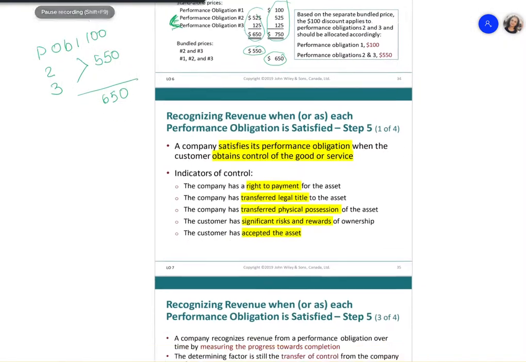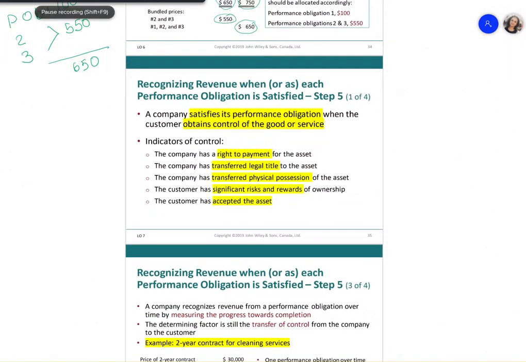Going further, once we figure out the transaction price, the company satisfies its performance obligation when the customer obtains control of the goods. Once they have control over the good, the company has the right to a payment. The company has transferred the legal title. The company transferred the physical possession to the customer.